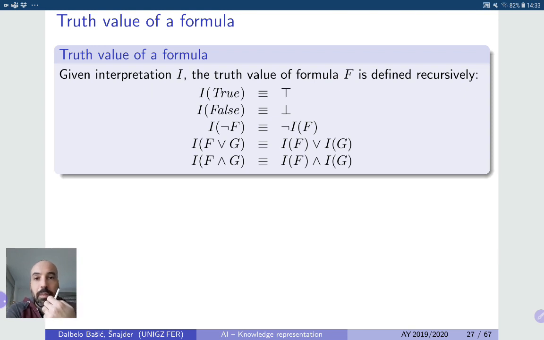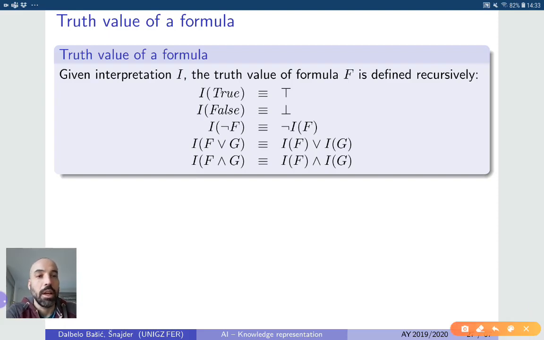Once we have the semantics of the operators defined, the unary negation operator and the binary operators of and, or, implication, and equivalence, we can go on to define the truth value of the entire formula, which essentially does what we've shown earlier, basically building bottom up. We go bottom up and build the truth value of the entire formula.